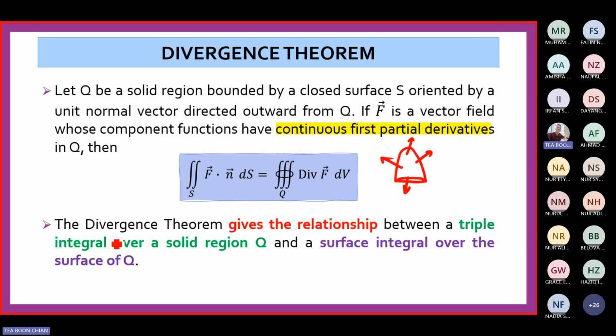All right, the divergence theorem gives the relationship between a triple integral over a solid and a surface integral, a double integral over the surface of Q. So again, this theorem tells you that whatever we learned in lecture 23 can be evaluated using the triple integral.